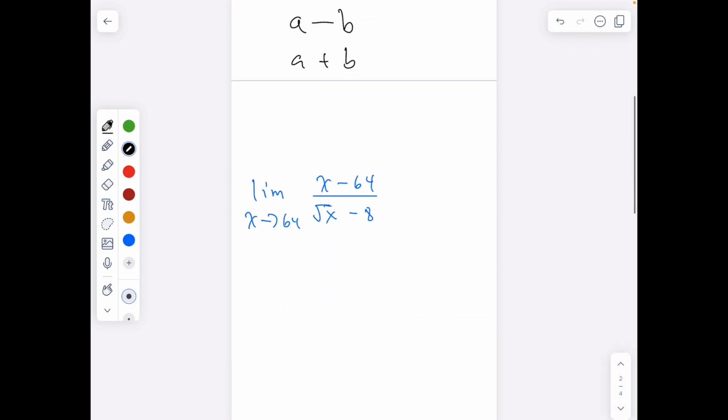So we're going to multiply by the conjugate of root x minus 8, which would be root x plus 8, on both the numerator and denominator. You do it to both because if you did not, you'd be changing the problem.